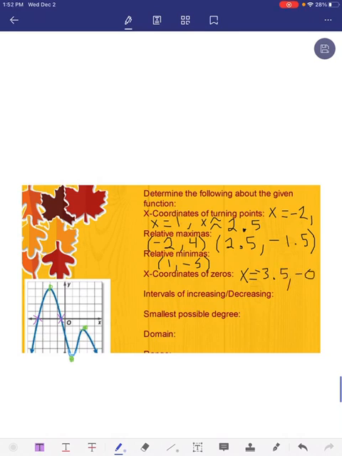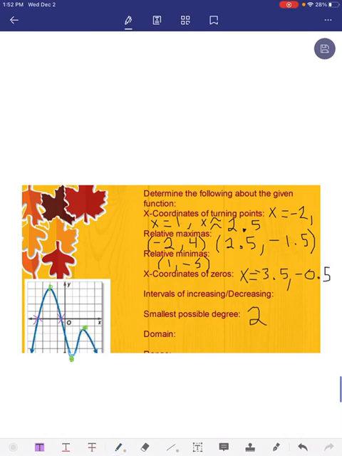Make it easier on ourselves. And then we also have a 0 at -0.5. So we have 2 zeros. Because we have 2 zeros, we know that the smallest possible degree is going to be 2.